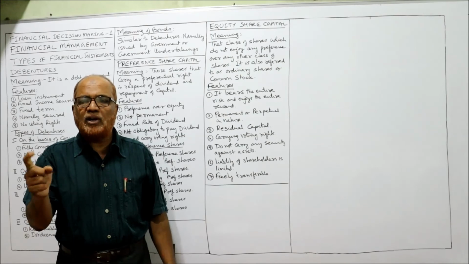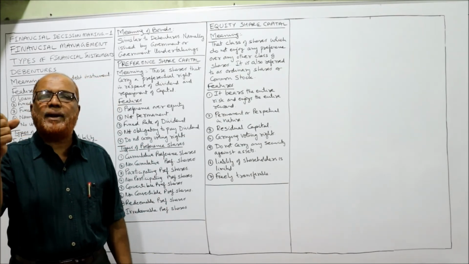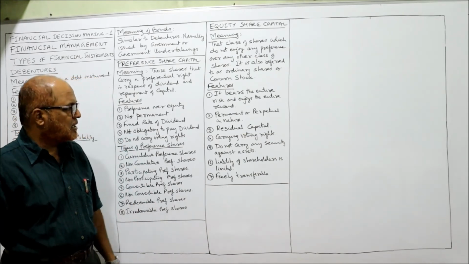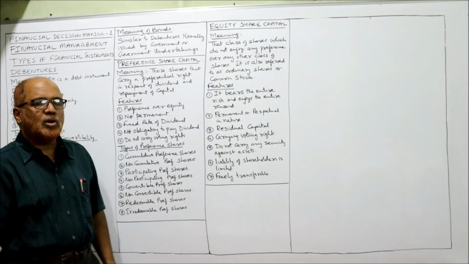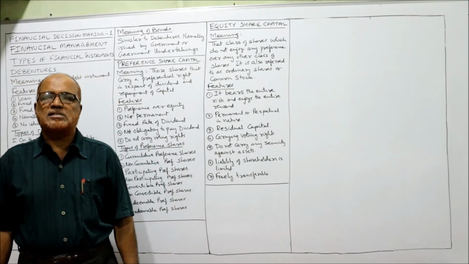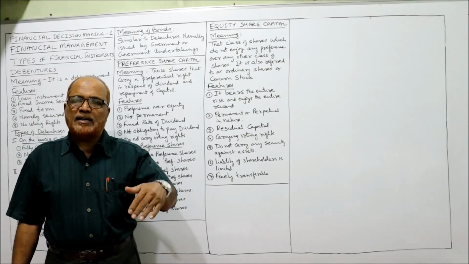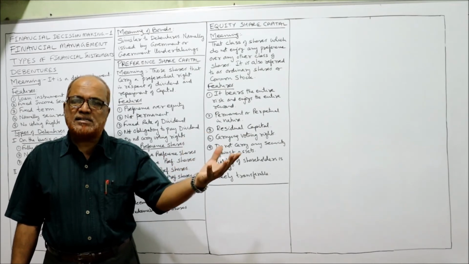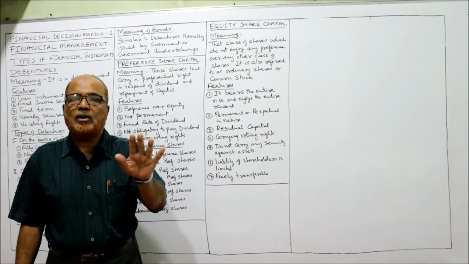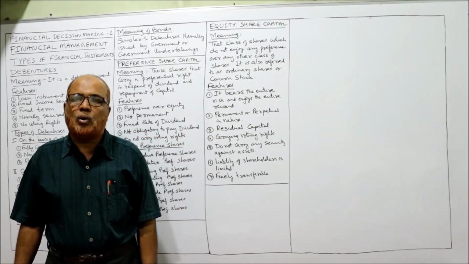Voting right will not be there in the case of debenture holders or preference shareholders, but complete voting power is given to equity shareholders. Next, do not carry any security against the asset. We have seen that secured debentures carry security. The company has provided security on particular assets to debenture holders, but no such security will be given to equity shareholders. Equity shareholders are always unsecured.